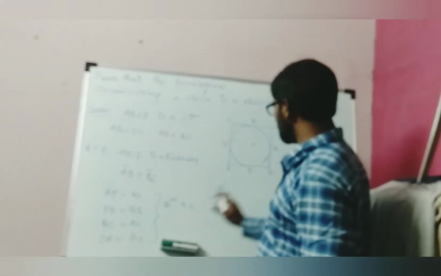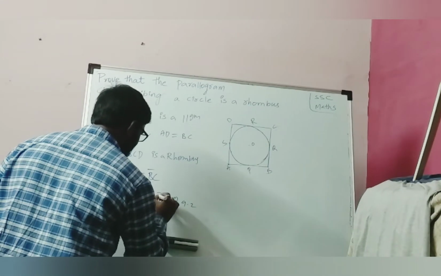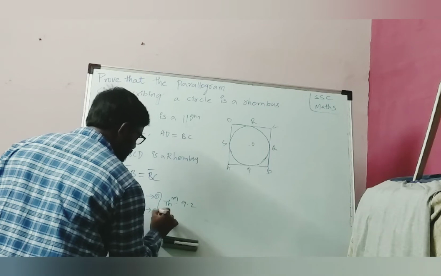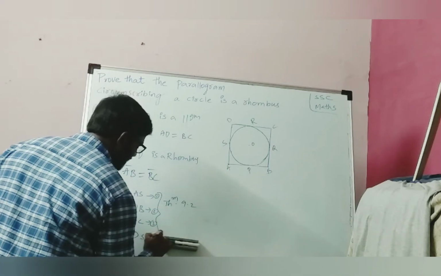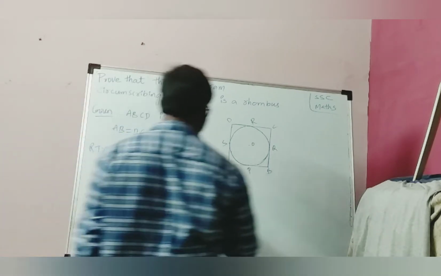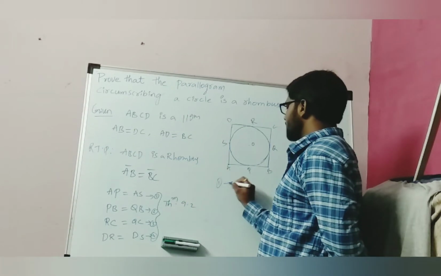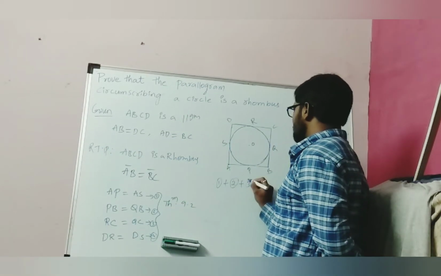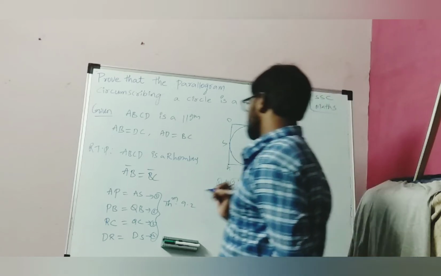Now to prove AB and BC are equal, I am adding these four equations. Let us take this as equation 1, equation 2, equation 3 and equation 4.